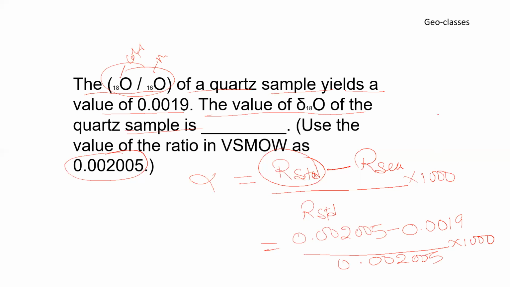So if you subtract, you get 0.000105, and divided by 0.002005 multiplied by 1000, it comes as 52 point something, whatever answer it was. Is it clear now? It's a simple question.